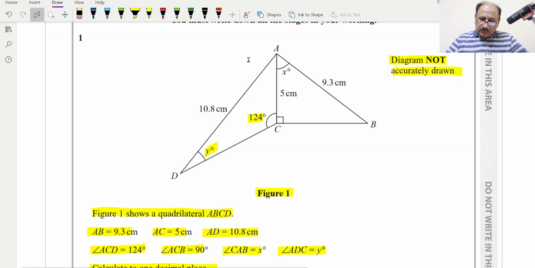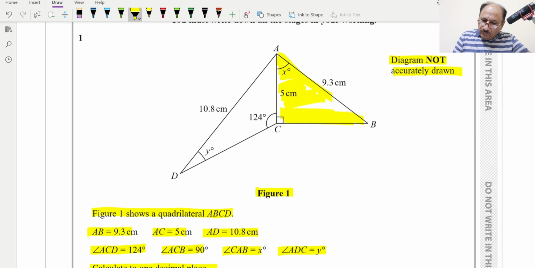So if we consider both the triangles, first of all we will take this triangle, because we need this information for solving the other triangle.